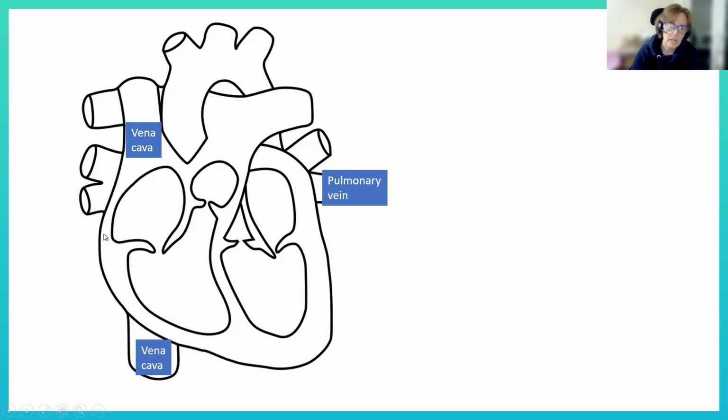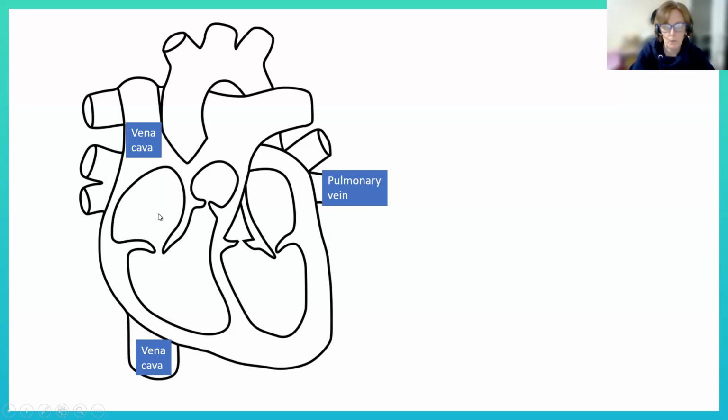So this is the left side of the screen, obviously, and this is the right side of the screen. But this is the right side of the heart, and this is the left side of the heart. That's because you're looking at the heart of the patient who's on the operating table in front of you. Okay, so that's why it's back to front. So patient's in front of you, so this is their right side, and this is their left side.